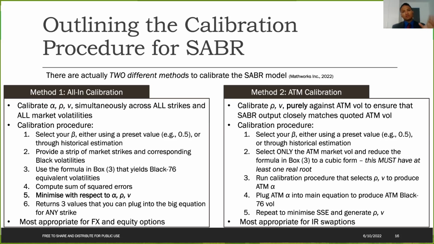The first method is most appropriate for options where you need to reproduce the most market accurate smile you can, but you're not necessarily fussed about the at the money point. If there's a bit of an error at the at the money point, but everything else more or less calibrates correctly, that's probably good enough. This is appropriate for most asset classes, except for rates.